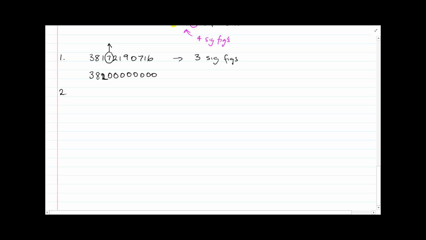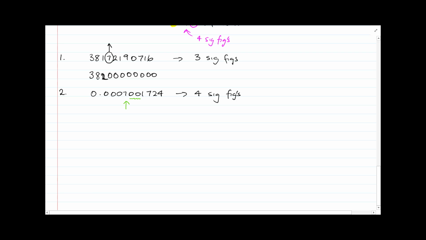Let's have a look at question 2. 0.0007001724. And I'm going to do this one to 4 significant figures. Now you'll notice here that I've clearly made this deliberately so that we get to our first significant figure.